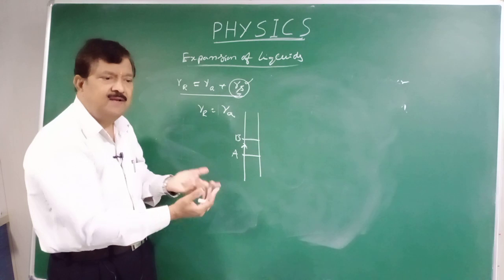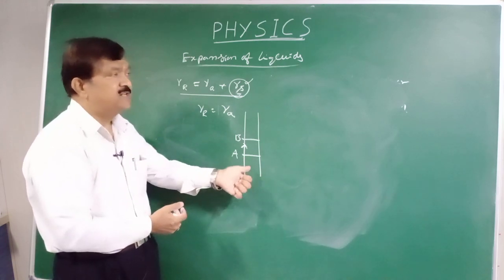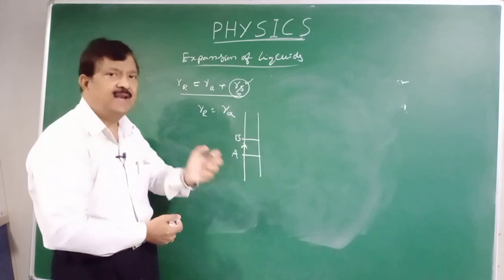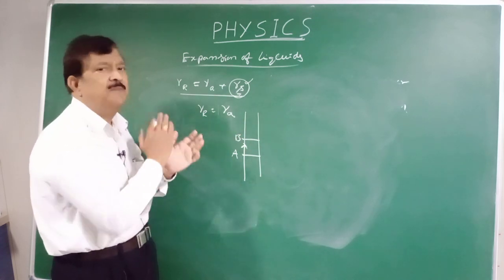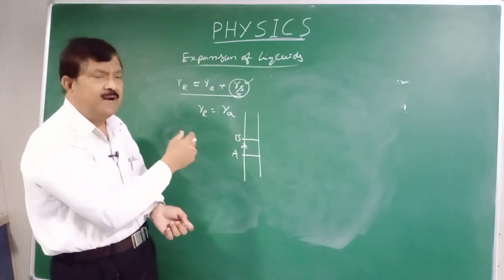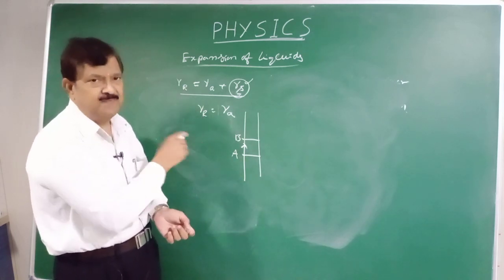Container is not expanding, so apparent expansion and real expansion both of them will be equal. So this is one more possible case. So these are the relations present between the two types of expansions.